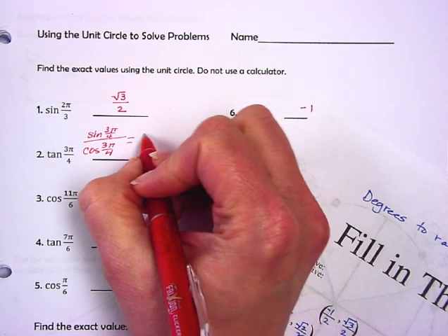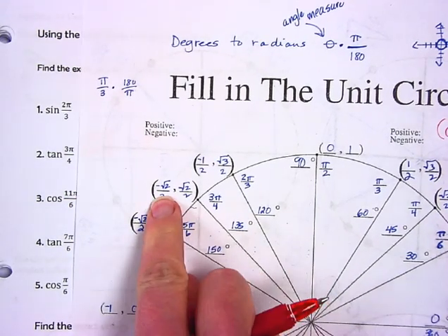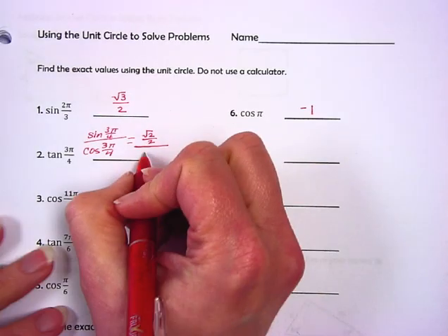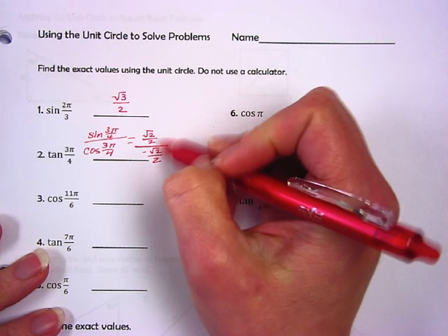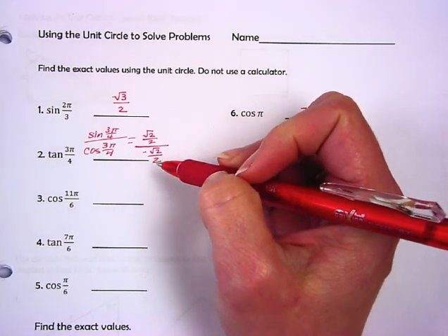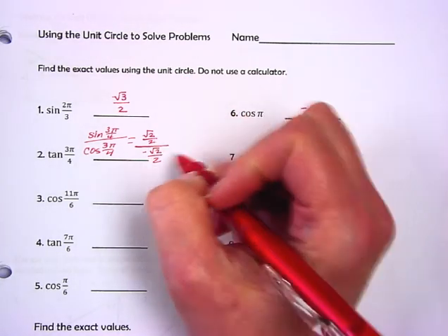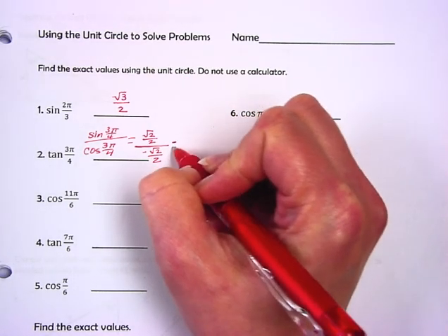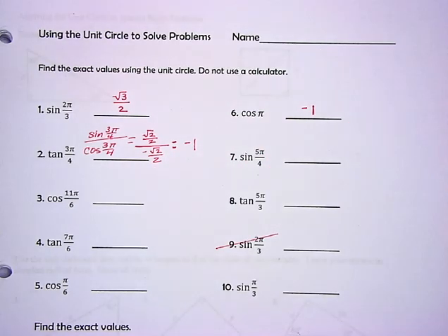Okay. And the cosine of 3 pi fourths? Negative square root of 2 over 2. Okay, so this is just the same number. You don't have to worry about a whole lot. A number divided by itself is 1, right? But we have a number divided by the negative of itself, so we get what? -1. Very good.